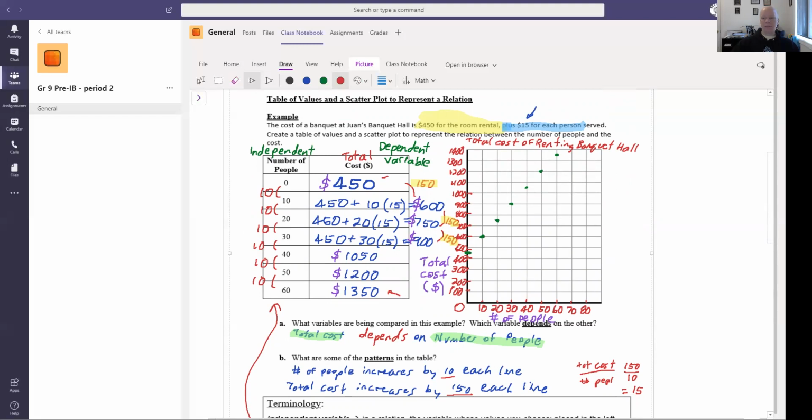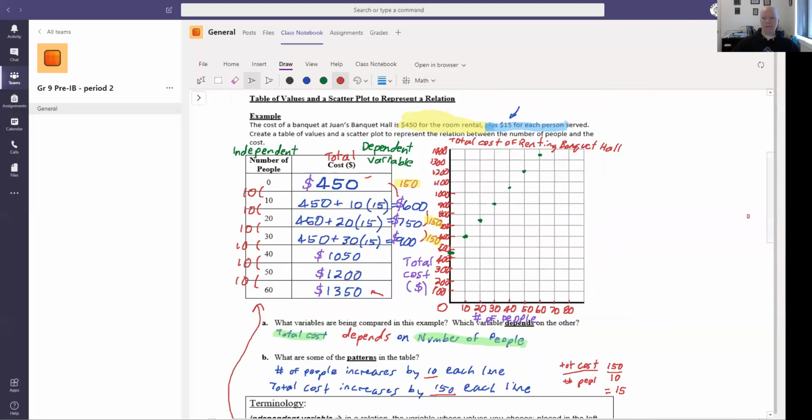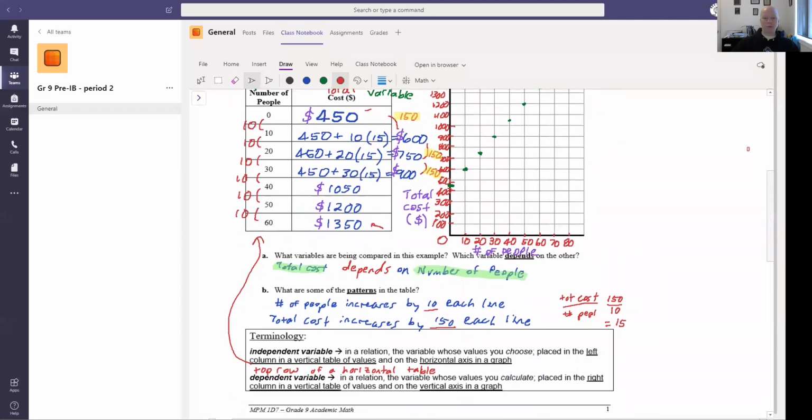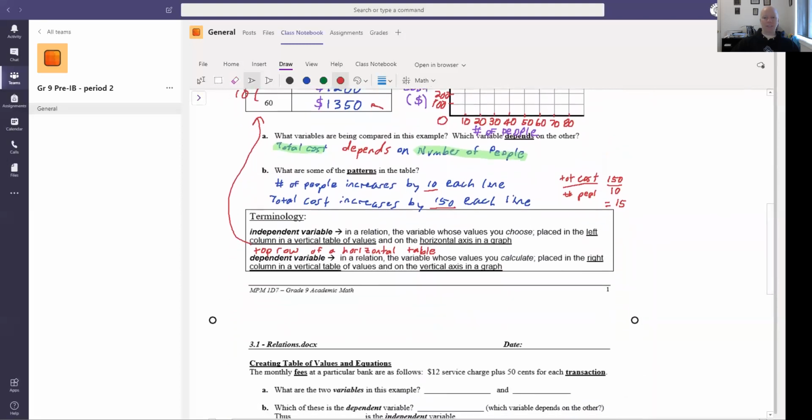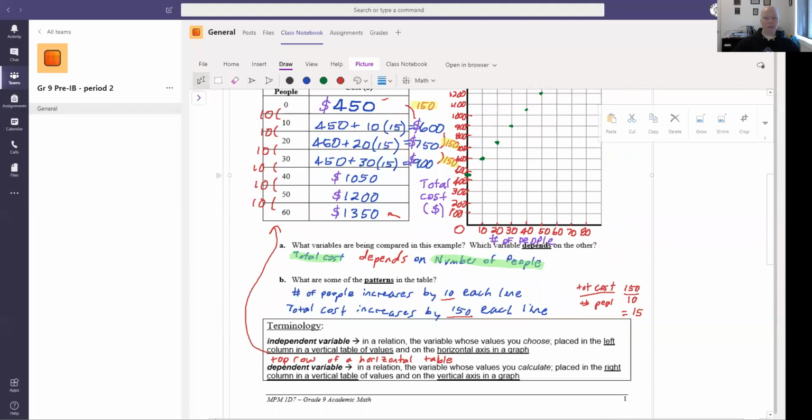The fact that the top row is independent and the bottom row is dependent would not change.